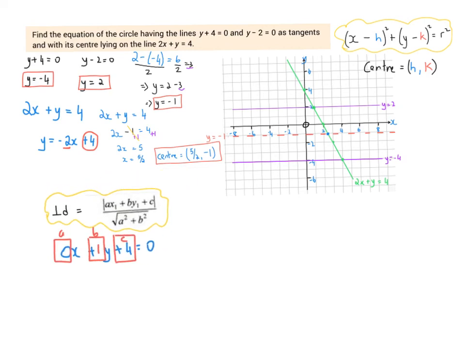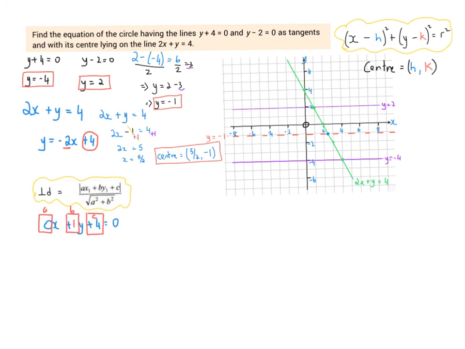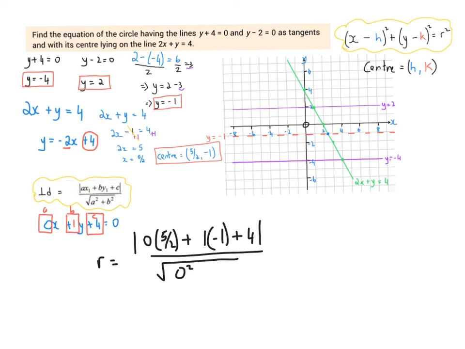Okay, and so then substituting that with our centre point, that's our x1 and y1, that gives us the perpendicular distance, which is going to be our radius, equal to the absolute value of 0 times 5 over 2 plus 1 times minus 1 plus 4, all over the square root of a squared, so 0 squared plus 1 squared.